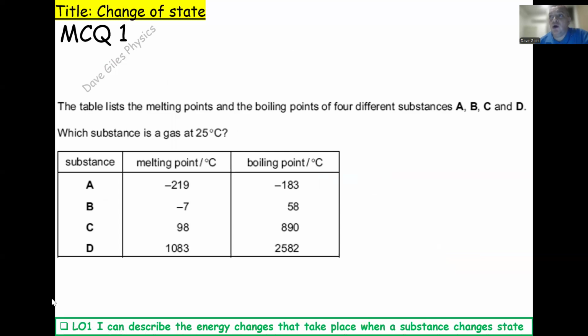If we start with the top one here, the melting point is much lower, and so is the boiling point. So if it's already boiled, then it has to be A. The boiling points of all the others are way above 25, so it can't be B, C, or D.